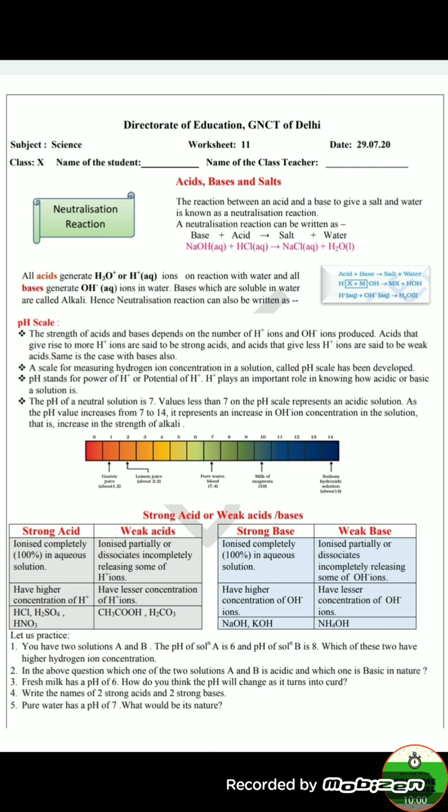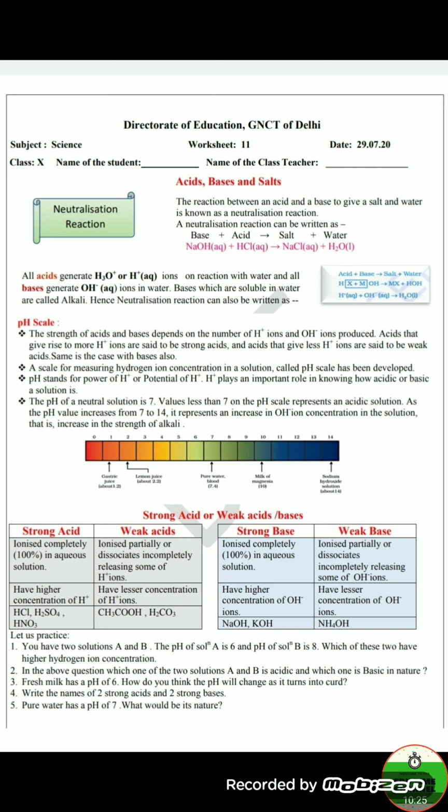Strong base have higher concentration of OH minus ions, whereas weak base have lesser concentration of OH minus ions. Examples of strong base are sodium hydroxide NaOH and potassium hydroxide, whereas weak base is ammonium hydroxide.